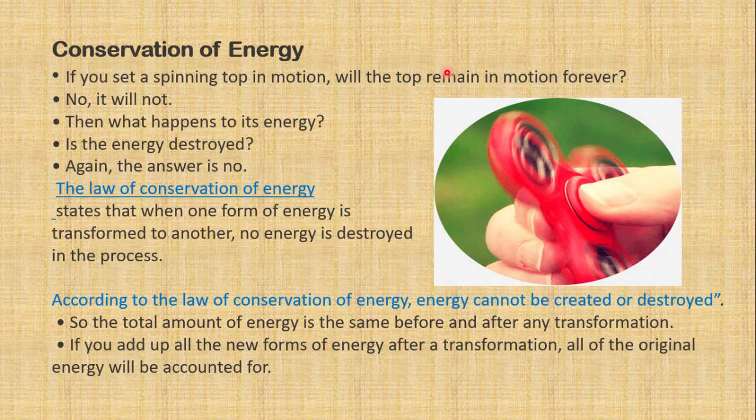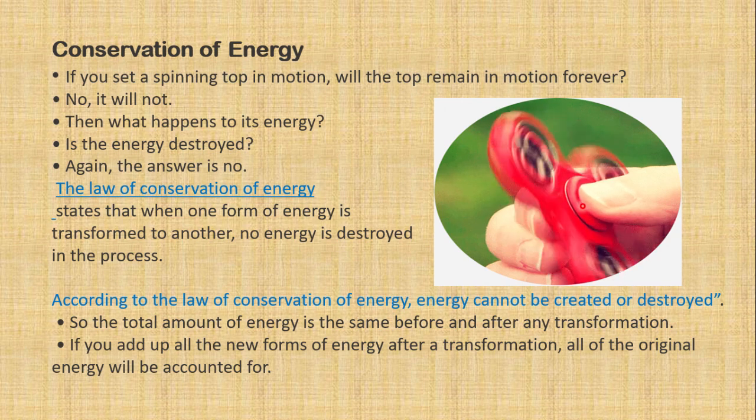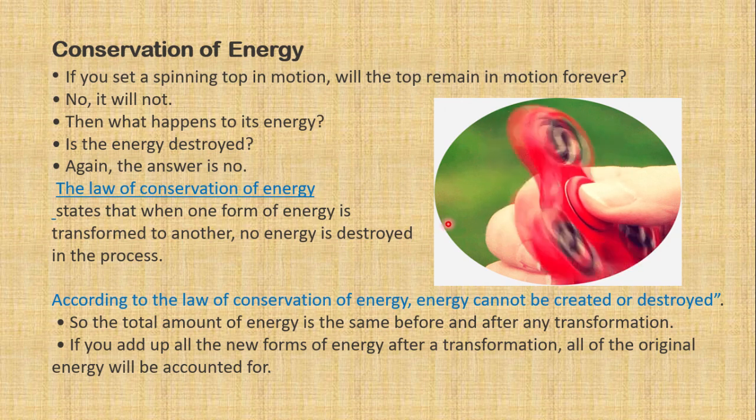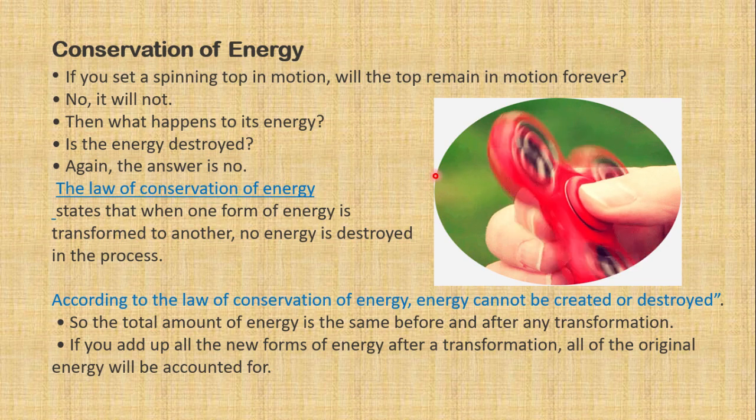Energy conservation. If you set a spinner, will it remain in motion forever? No, it will not. Then what happened to its energy? Is the energy destroyed? Again, the answer is no. It means the energy is not destroyed, but it changed into another form.